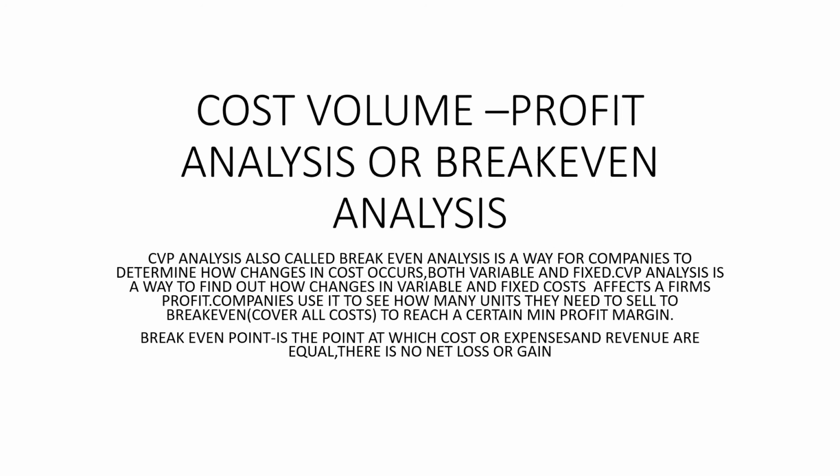We all know that it is a point at which cost or expenses and revenue are equal. There is no net loss or gain. So in CVP analysis, whenever we see the margin is lower than the break even point, then it is a loss. I mean the expenses are higher than revenues. But if it is above the break even point, then it is a gain for us, a profit for us.